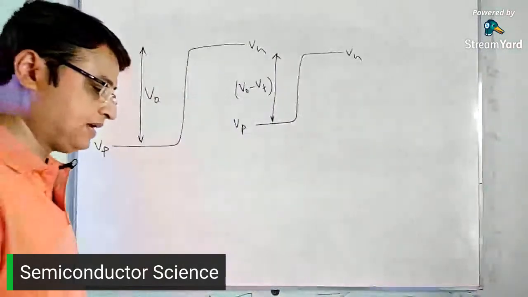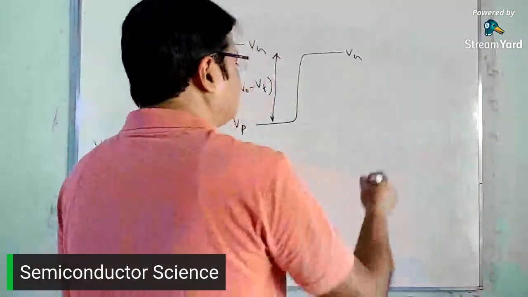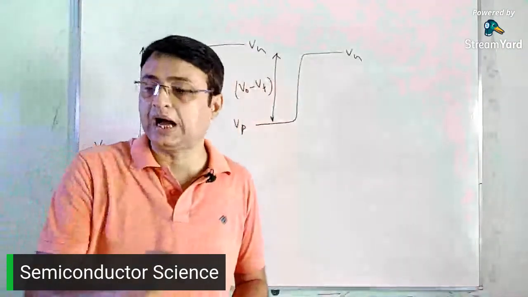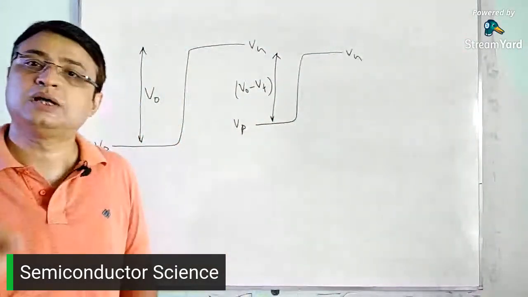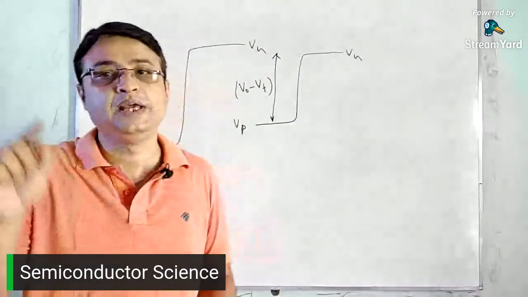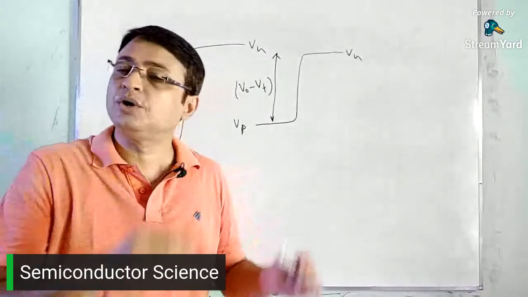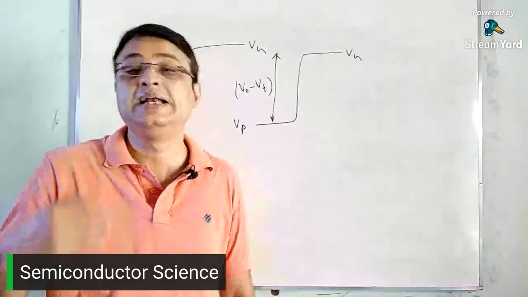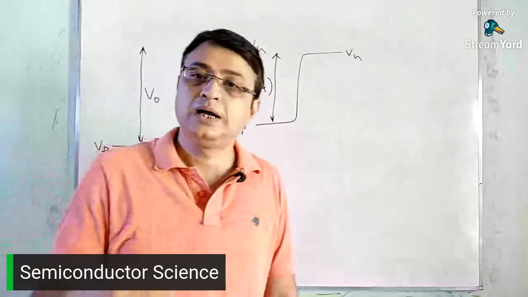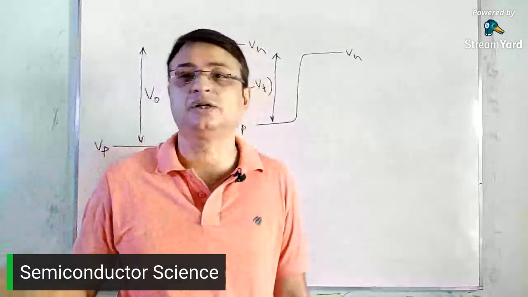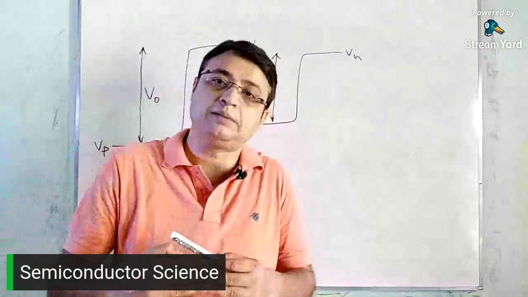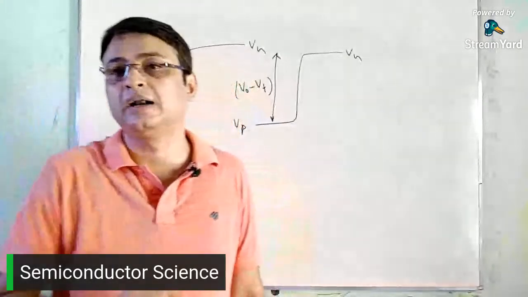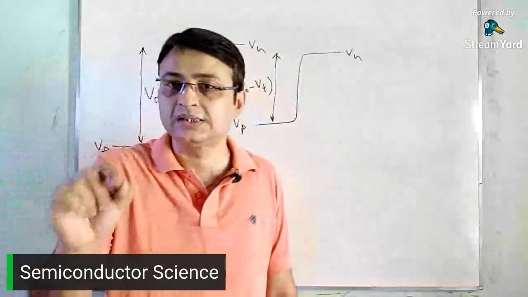And for a reverse bias, if the applied voltage is minus VR, R standing for reverse, then whenever we apply a negative bias of minus VR, the electrostatic potential will be V0 minus of minus VR, that is V0 plus VR.